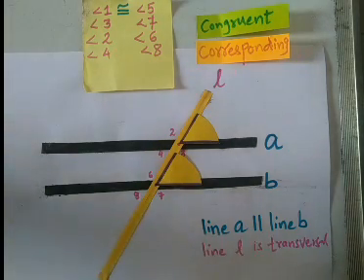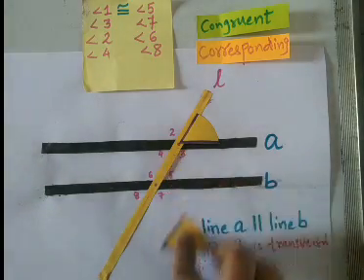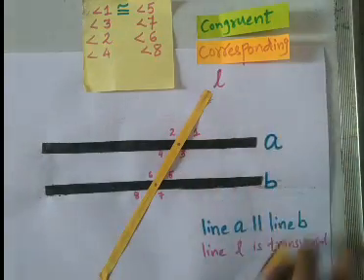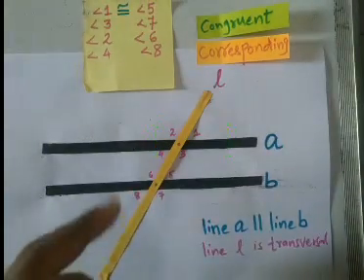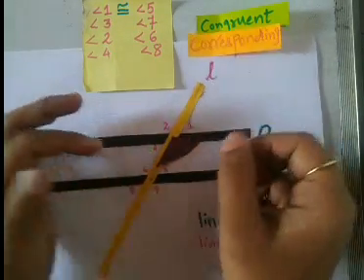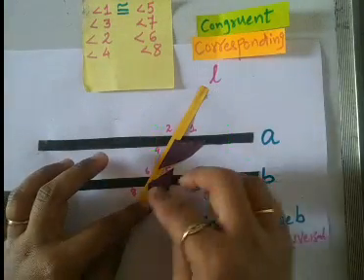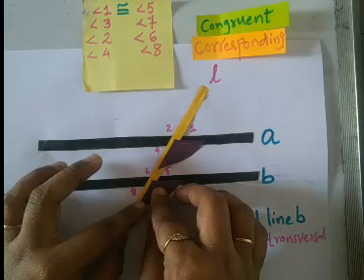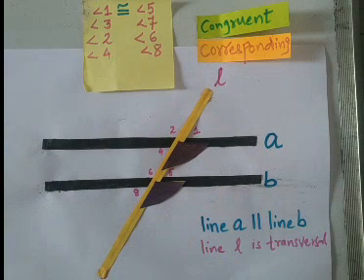Same way, if I say angle number 3 and angle number 7 are corresponding to each other, it means angle number 3 and angle number 7 would be congruent to each other.